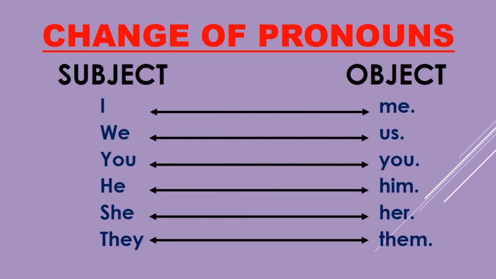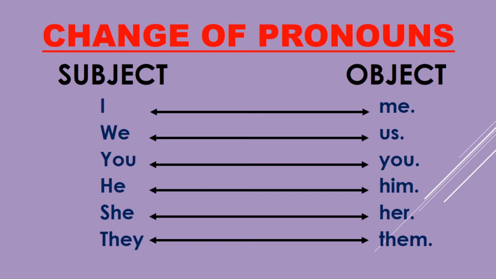I becomes me, we becomes us in the passive voice, you becomes you, but we have to understand that the first you is subjective and the you that we get in the passive voice is the objective form of the pronoun. Thereafter, he becomes him, she becomes her, and they becomes them.